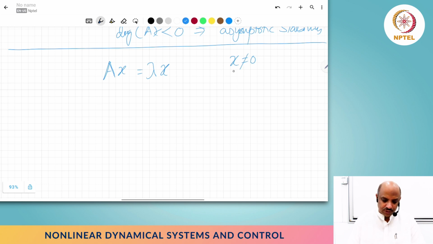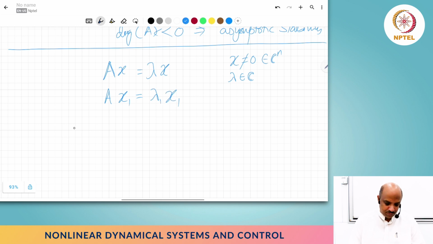Typically we cannot always get real numbers, so when we talk about eigenvalues and eigenvectors, we typically extend the space to complex spaces. Any non-zero x that satisfies this becomes an eigenvector, and then the corresponding value lambda is called the eigenvalue, right?